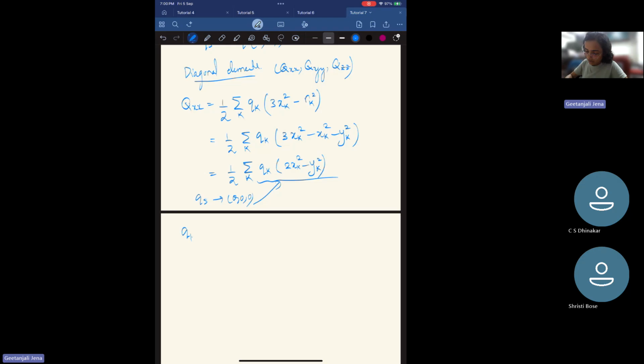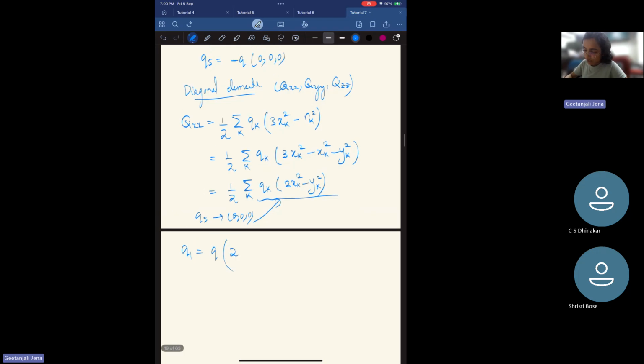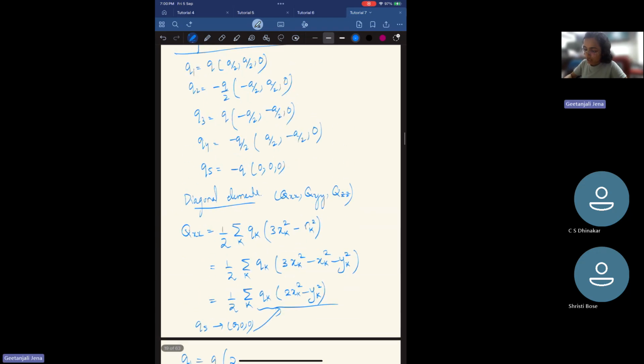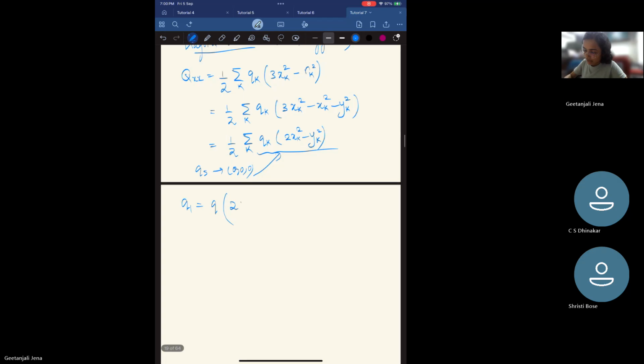So for Q1, it will be q_k, which is Q, and 2 x_k squared will be (A by 2) squared, and y_k squared is (A by 2) squared. So this is Q A squared by 4.